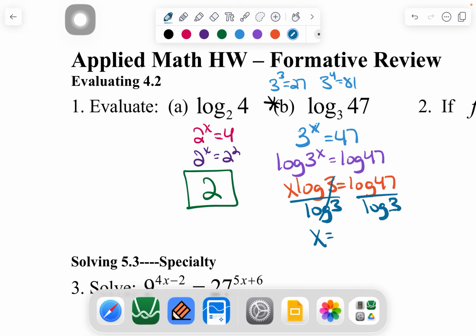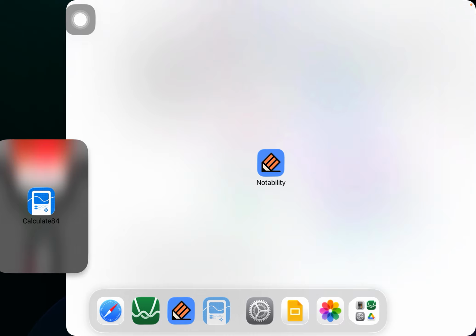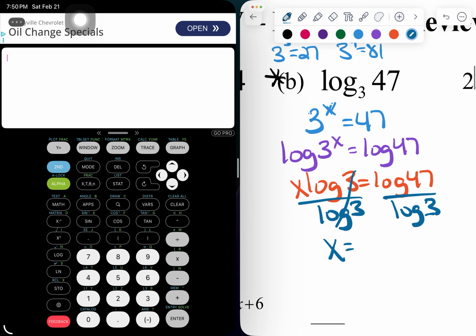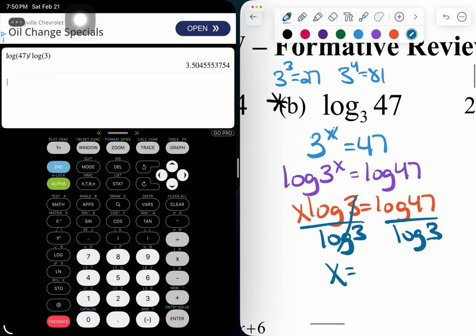So let me go ahead and split screen with a calculator here. Calculator. All right, so this got resized. So let's unresize that. There we go. Let's see what we got here. We're going to do the log of 47 divided by the log of 3. Make sure, again, you close those parentheses as needed. I'm getting 3.5 something. Okay. Quick double check here. 3 to the last answer.